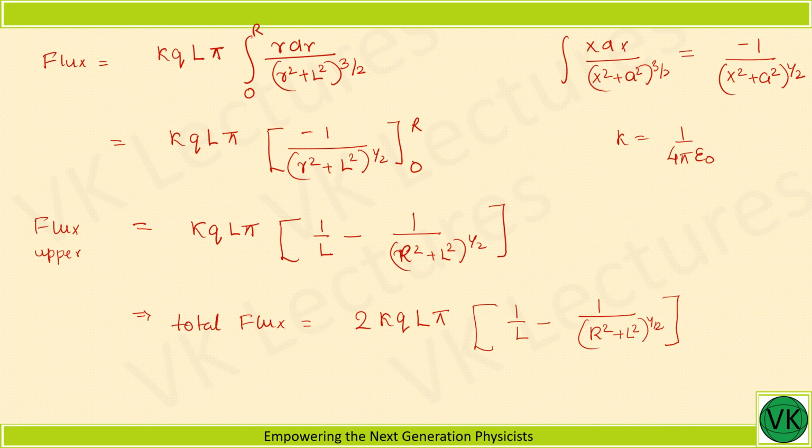So if we multiply 2 pi, it becomes 1 by 2 epsilon naught. If you bring this L inside this bracket, this becomes q divided by 2 epsilon naught into 1 minus L divided by root of R square plus L square.